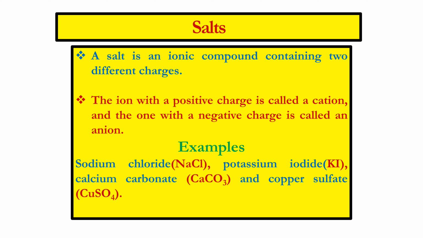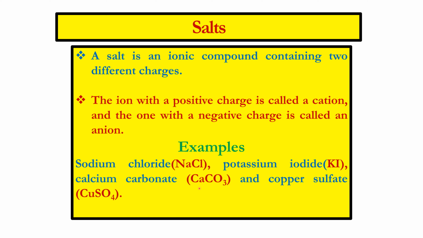So examples are sodium chloride. Sodium is the positively charged ion and chlorine is the negatively charged ion. Another example is potassium iodide. Potassium is positive, iodide is negatively charged.